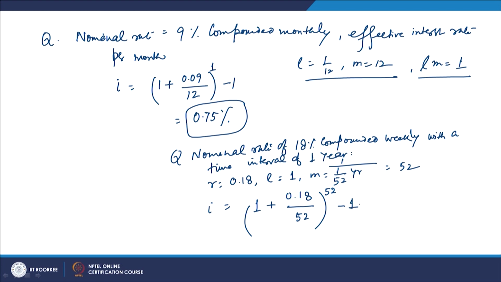This is how you calculate the effective interest for the whole year, and if you calculate it, it comes to 0.1968, so it will be 19.68%. So, in the normal case you have 18%, and if you compound it weekly, its value becomes 19.68%. That is how we calculate these values.